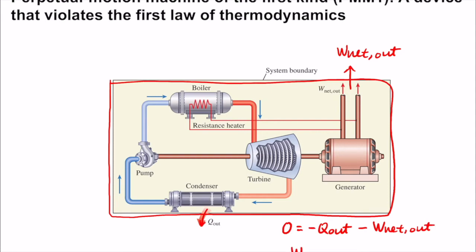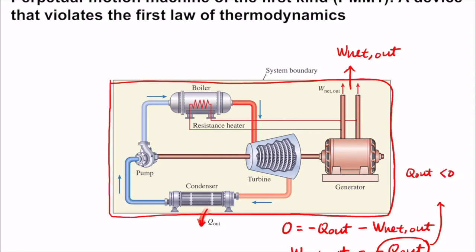Now we can write this equation as this. But because the system is basically a heat engine, W net out should be positive. So as a result, the negative Q out should be positive, or Q out should be negative.